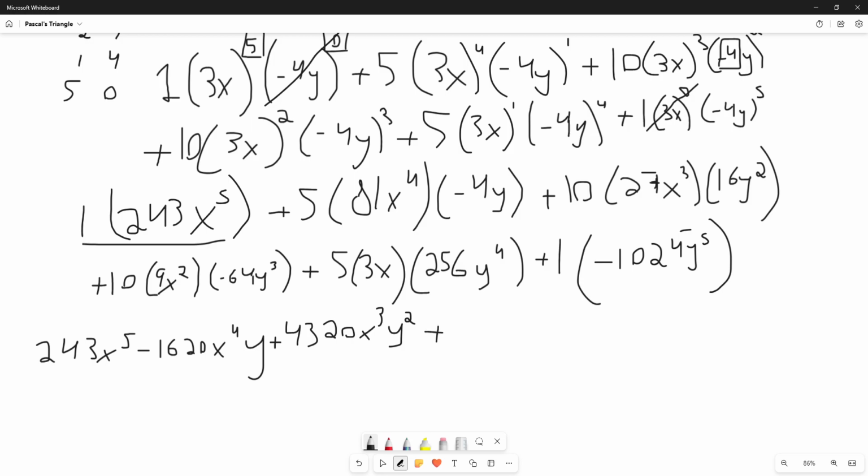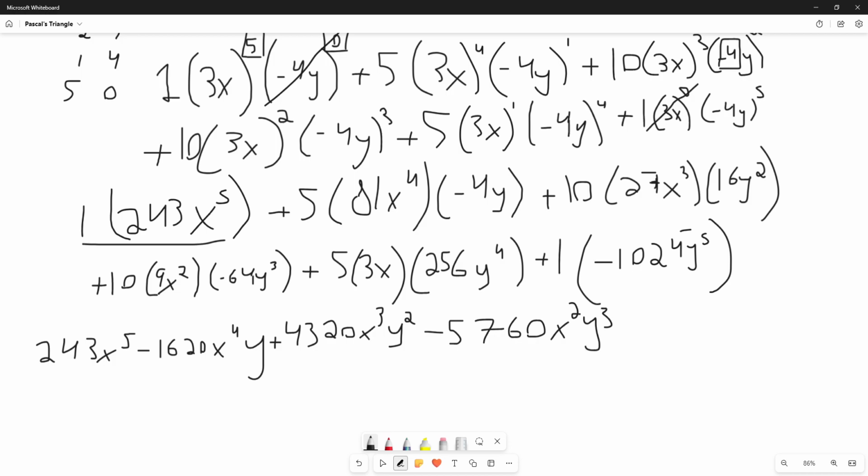Next, we do the next one. 10 multiplied by 9 multiplied by minus 64 is minus, sorry, I wrote a plus here by mistake, minus 5760, and we had x squared and y to the power of 3.